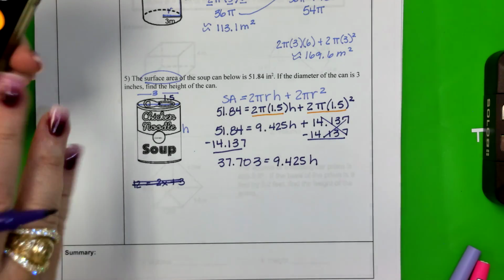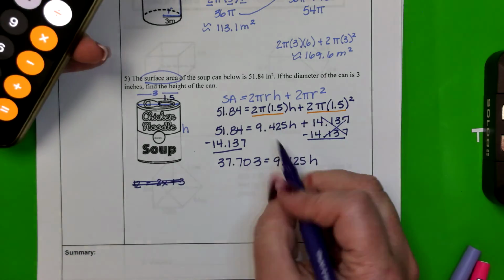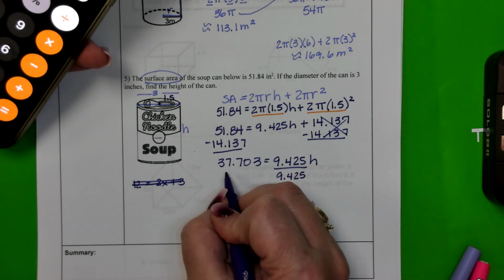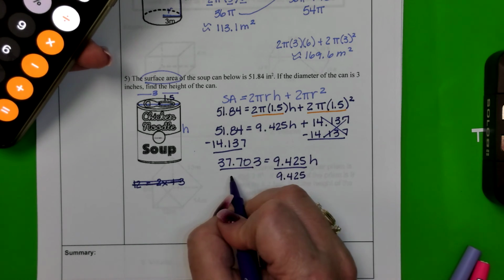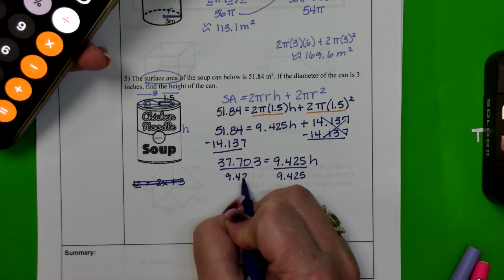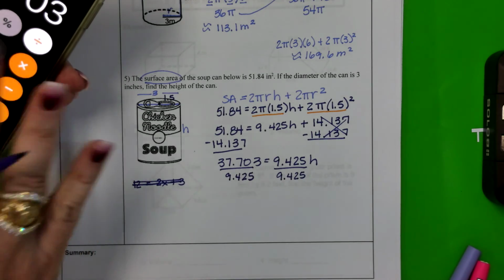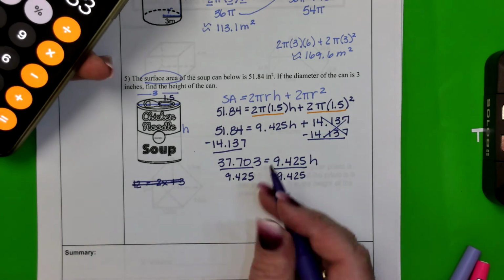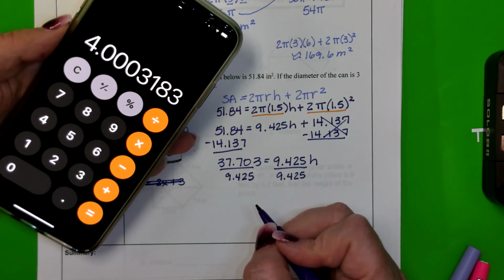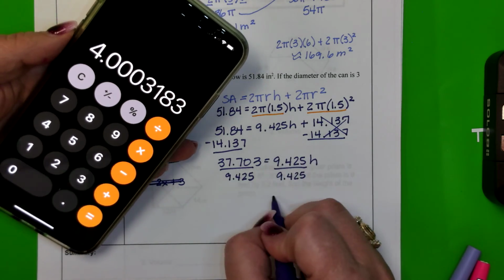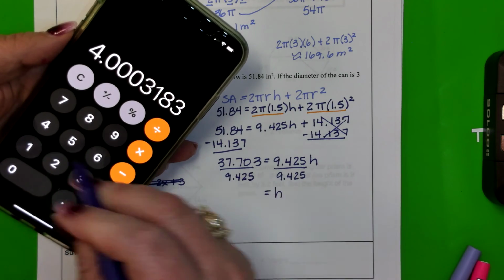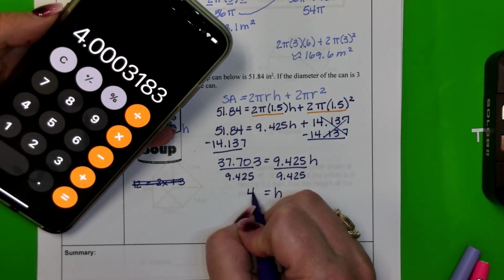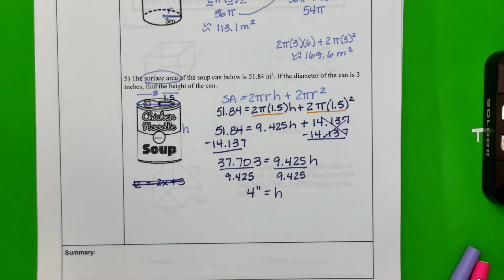And if I divide by 9.425, because that's how I separate it from that, times h, I get 4. So see, it looks like this. You would get h is equal to a whole lot of decimals, and we wanted to round it. The height of the can is 4 inches.